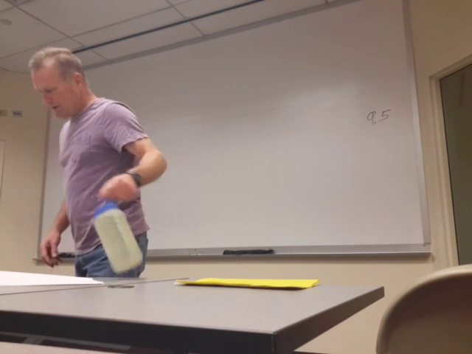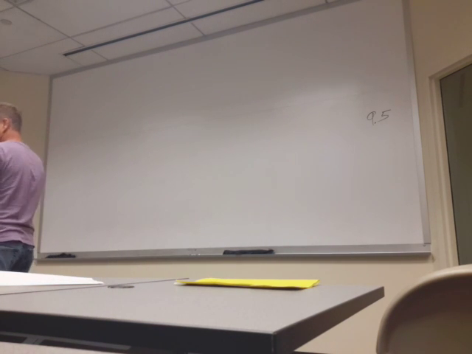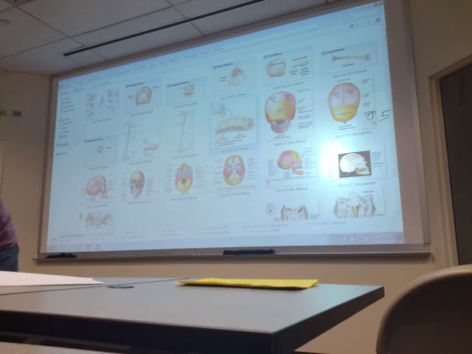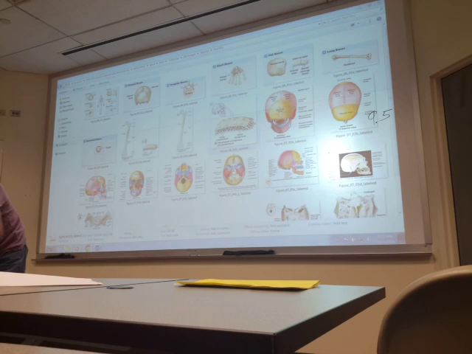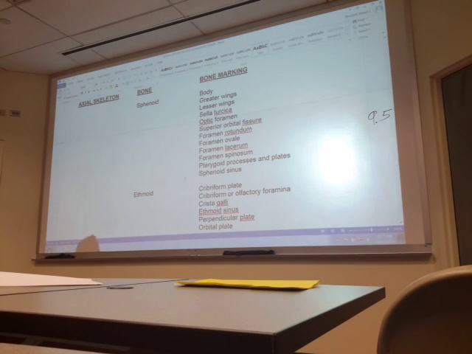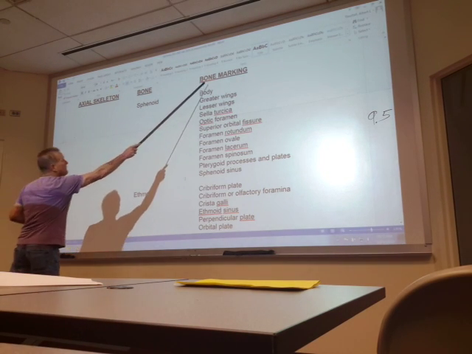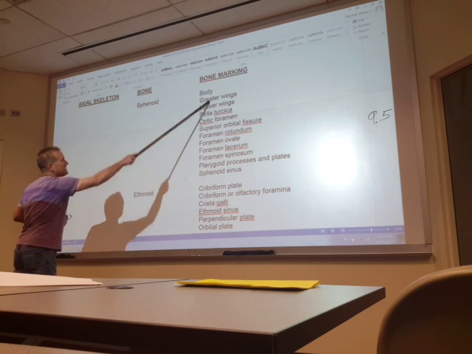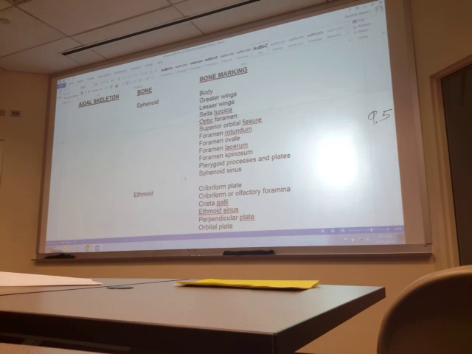Roman numeral 5 is called surface features of bones. The surface features are these things that I call bone markings. You could interchange bone markings with surface features.